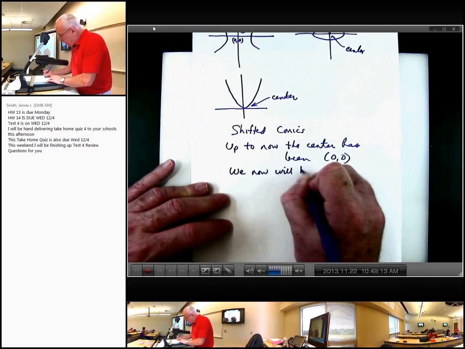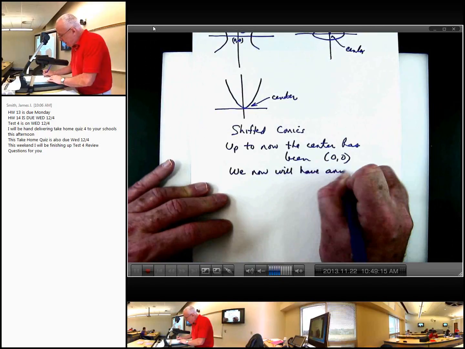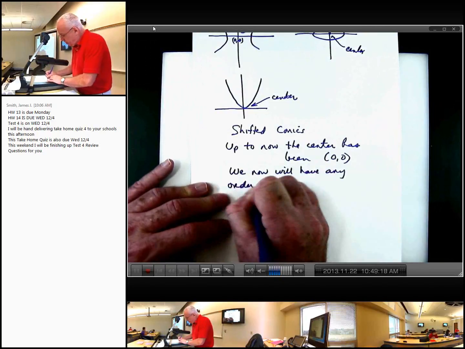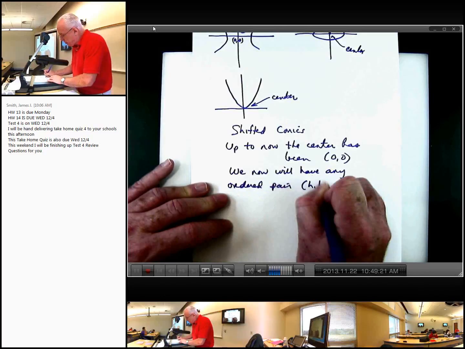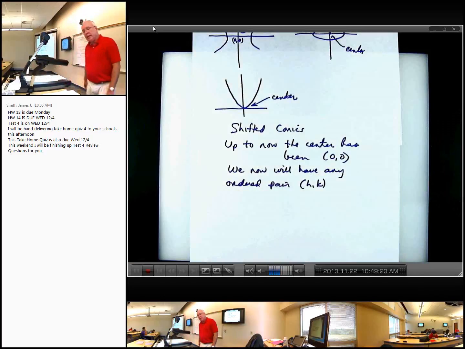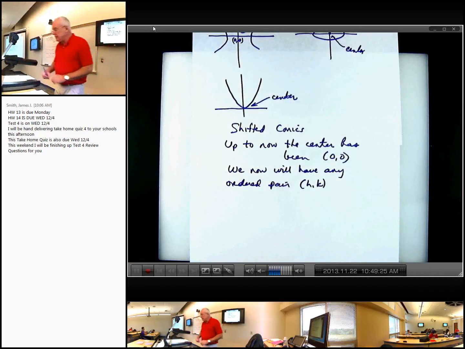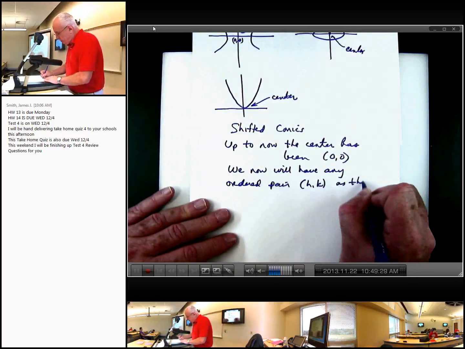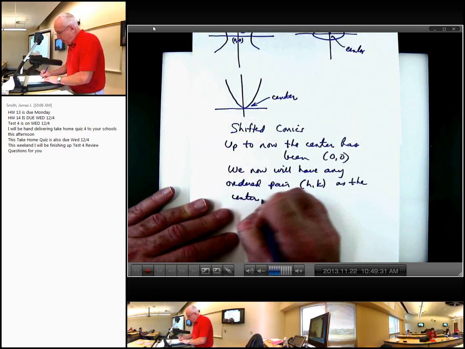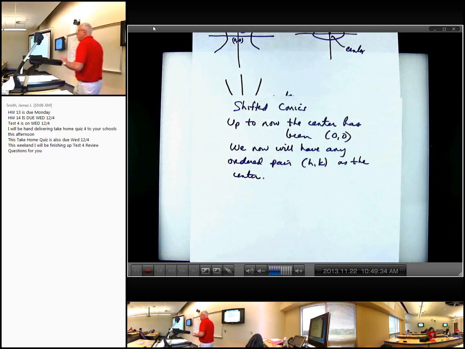So we now will have any ordered pair h comma k, where h is the x value and k is the y value, as the center. What this means with reference to all the equations that we've developed so far is this.